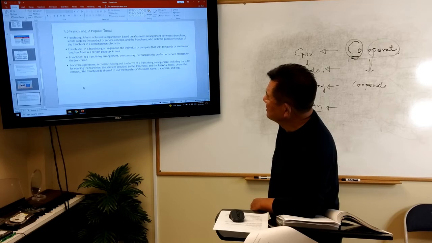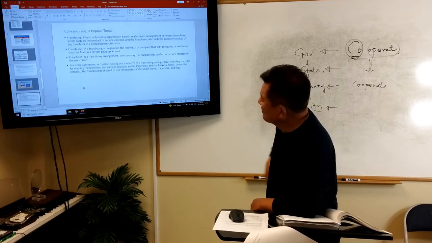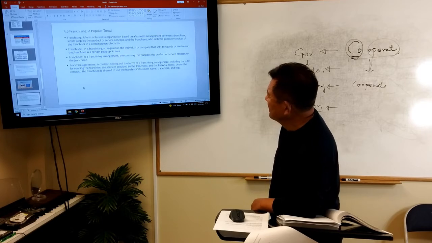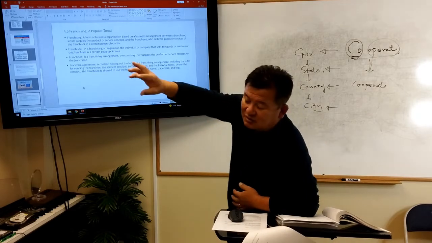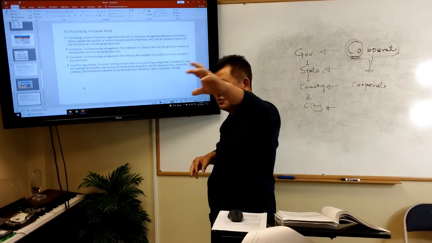So in a franchising agreement, they make an agreement. The franchisee is the individual company that sells the goods and services of the franchisor in a certain geographic area. Okay, you can sell in Newport Beach, you can sell in this other area.